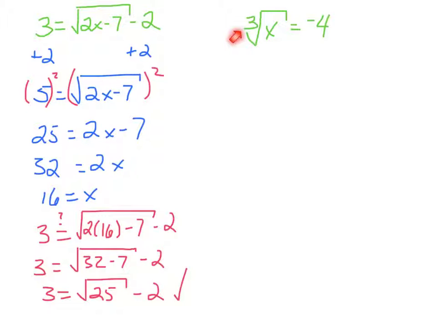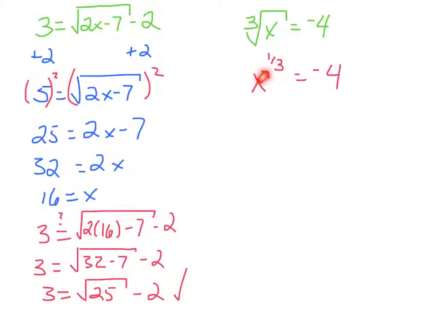But just to illustrate it, I'm going to first change this into its exponential form. So this is x to the 1/3 power equaling -4. And what we're going to do is think of a number we can raise this exponent to so that it is a whole number, and ideally that whole number being 1.